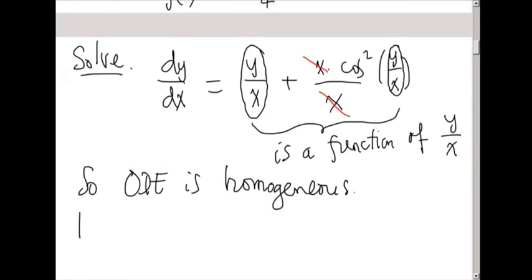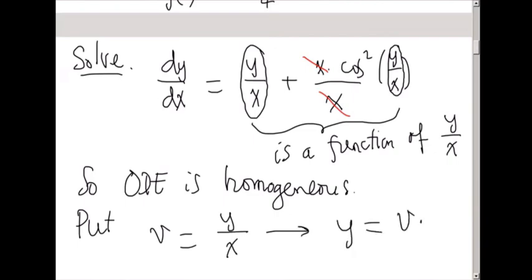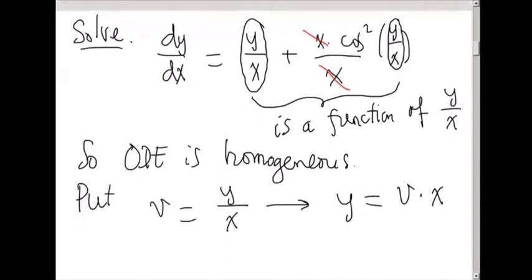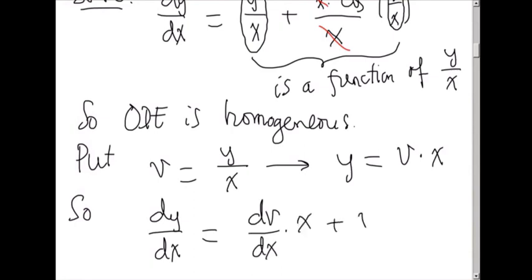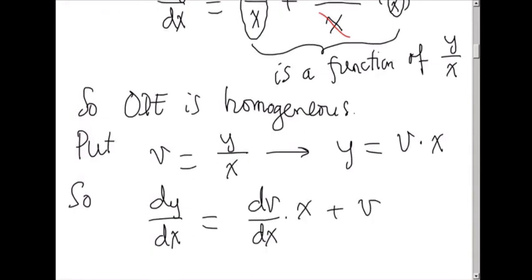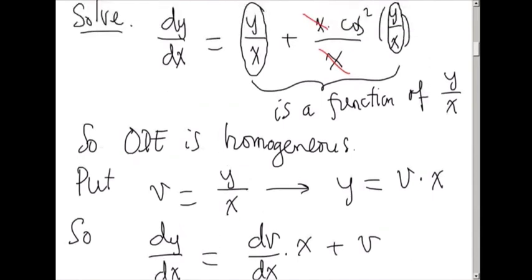So to solve it, we're going to put v to be y over x. And as before, y is v times x. So by the product rule, dy dx is dv dx times x plus v times 1. We have done this above.